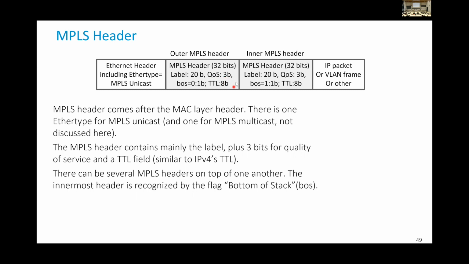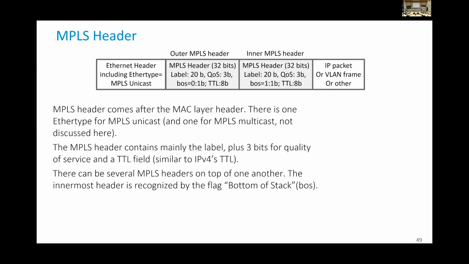And a TTL, for the same reason as we do with IP. There is an MPLS TTL, which is called TTL. It's not a time to live, it's a hop limit, like in IPv6, which avoids loops or will kill packets if there are loops. And there is a flag, which is called bottom of stack, which is used to indicate whether the next header is again an MPLS header or not.